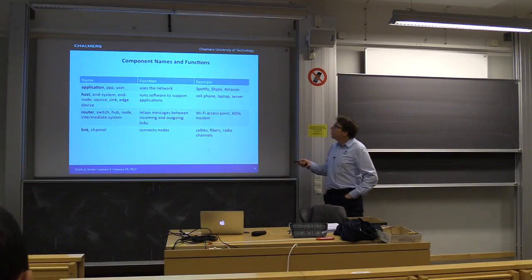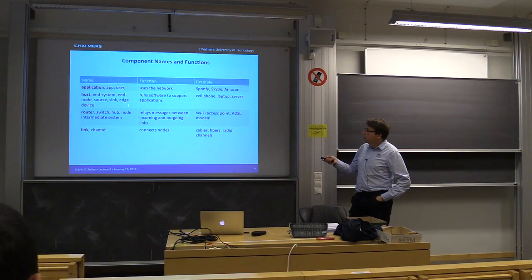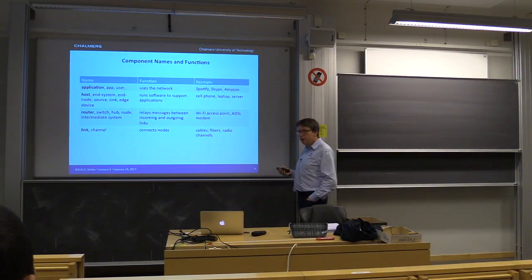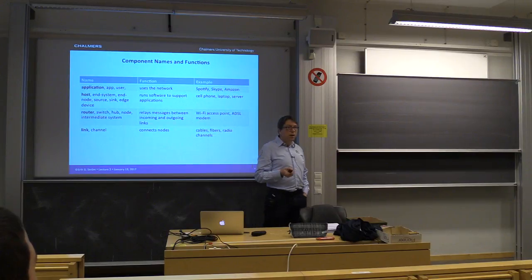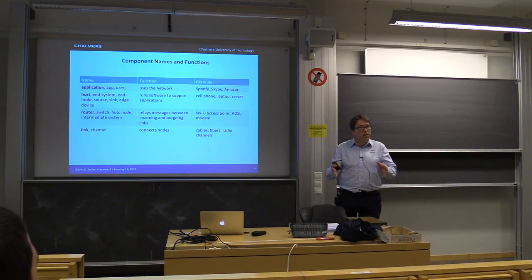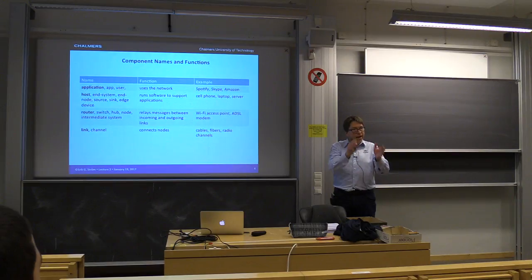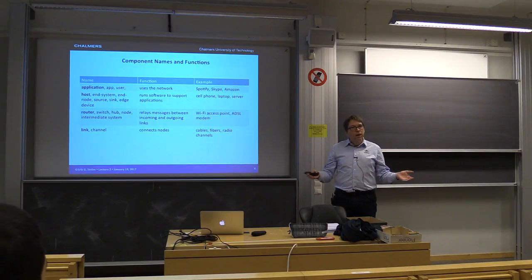The component names and their functions are not super clear, in the sense that there was a big international congress where one decided, okay, we're going to call these things exactly this, and this is how we define it. So we will see quite typically that many things are called by different names, and things which are called by different names are actually different things. That's unfortunate, but that's how it is, right? So we need to be able to cope with this.